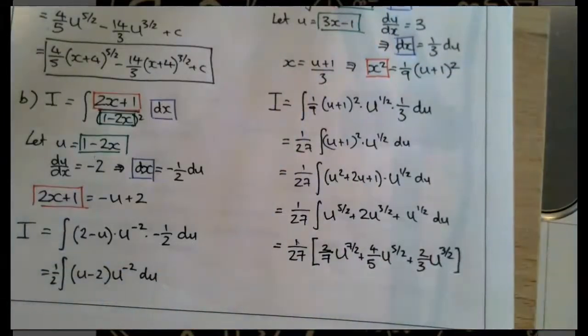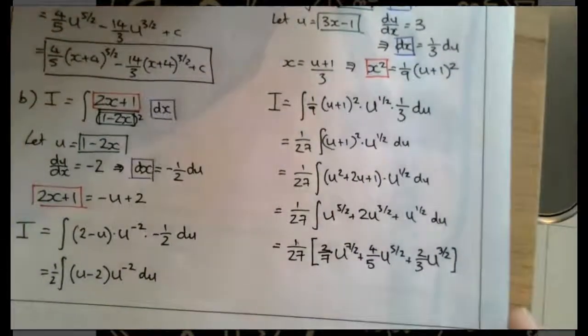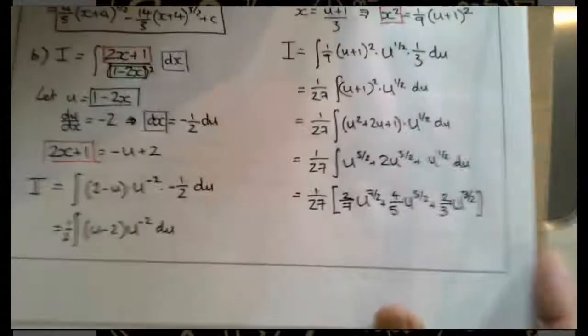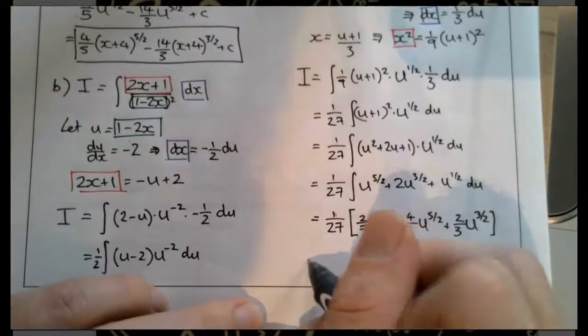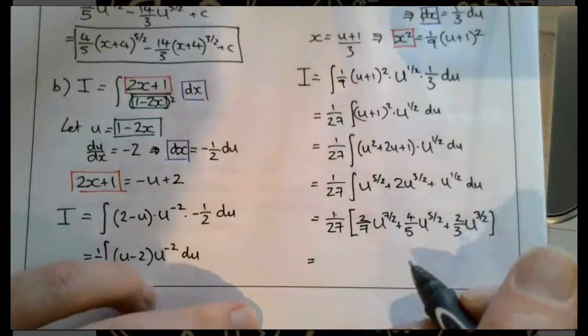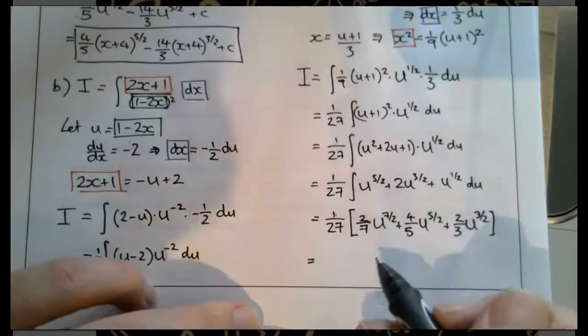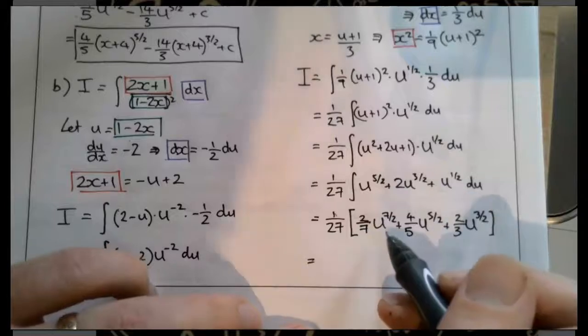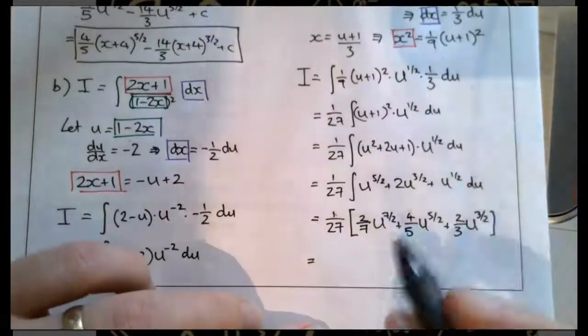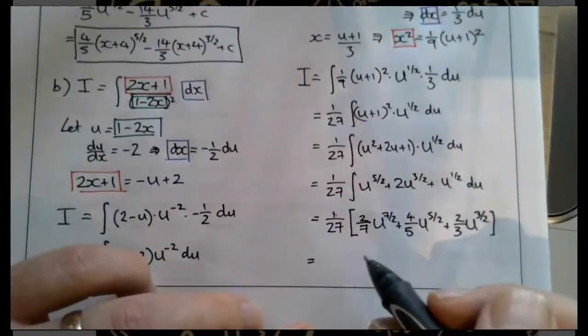We're going to do our final substitution in, and we're going to simplify it. And this is the bit where I said it's a bit of a monster. You're going to have to use your calculator at this point if you haven't done so already, because the coefficients are going to be big. We're going to substitute in for u using the 3x minus 1.